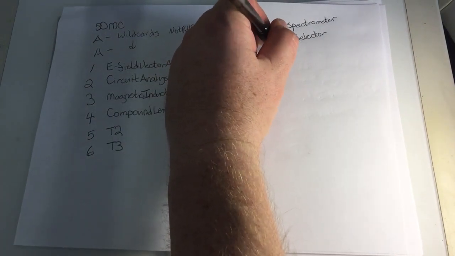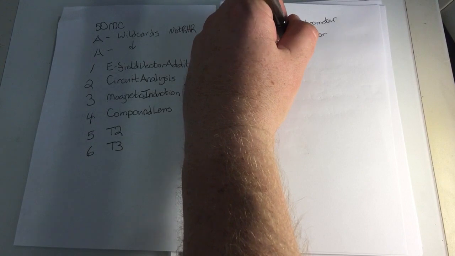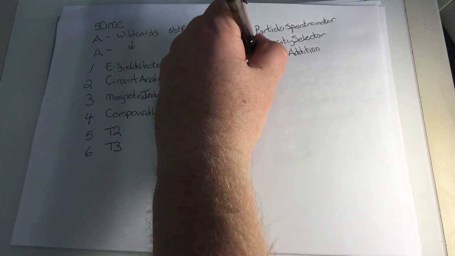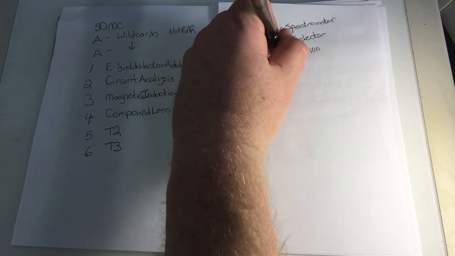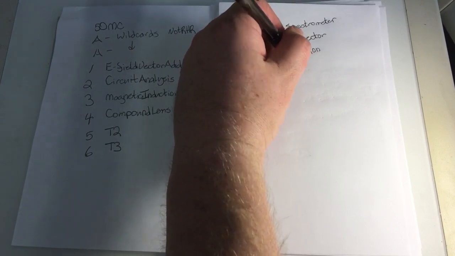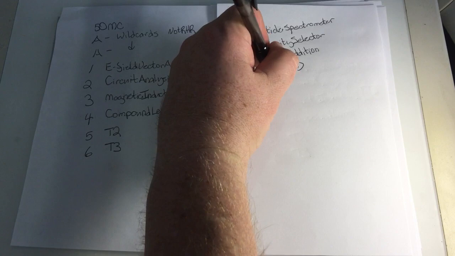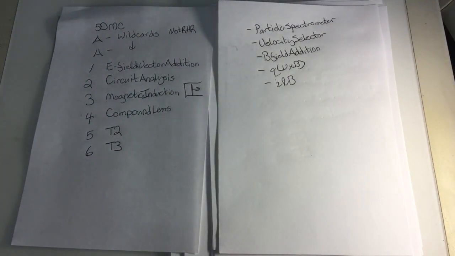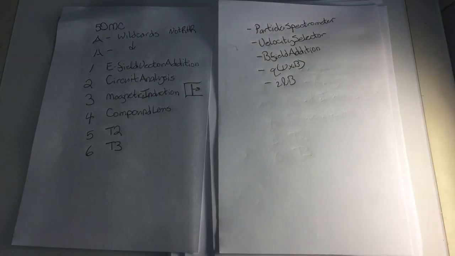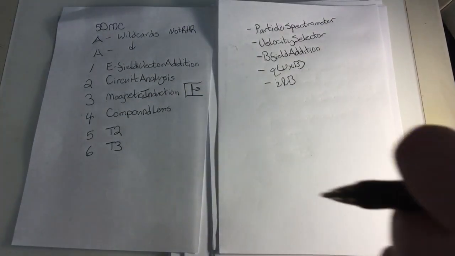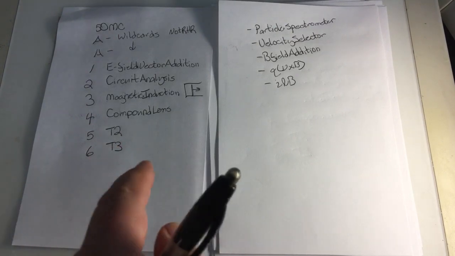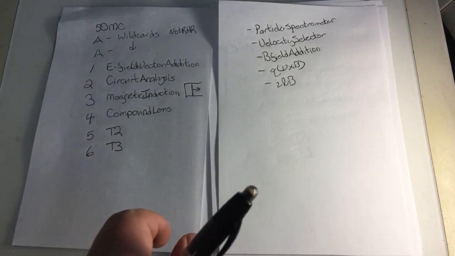B field addition. Stuff where you've got to know Q, V cross B, and ILB. So basically force on a wire, charge moving through a magnetic field, that kind of stuff. And that would be good, very good test 2 material.